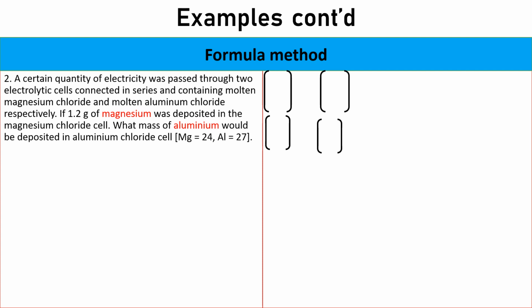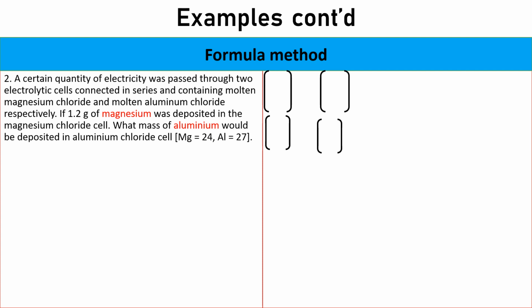Remember, the question is this: a certain quantity of electricity was passed through two electrolytic cells connected in series and containing molten magnesium chloride and molten aluminum chloride respectively. If 1.2 gram of magnesium was deposited in the magnesium chloride cell, what mass of aluminum would be deposited in the aluminum chloride cell?